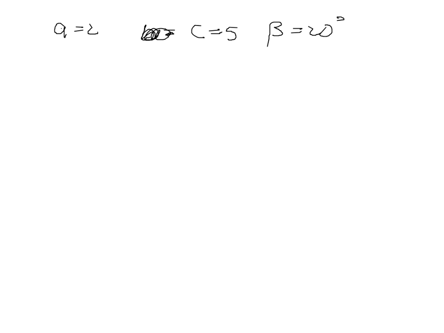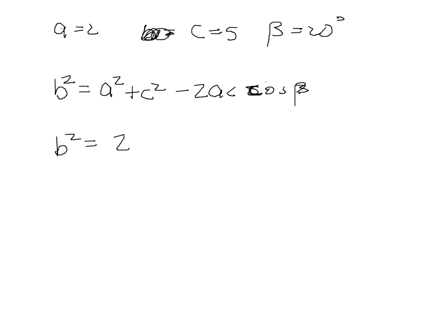Okay, so here's our next example. A equals 2, C equals 5, and beta equals 20 degrees. So we're going to use the formula that's got b squared equals a squared plus c squared minus 2ac cosine beta. And so b squared equals 2 squared plus 5 squared minus 2 times 2 times 5 cosine 20 degrees. Now I'm going to calculate this right-hand side.